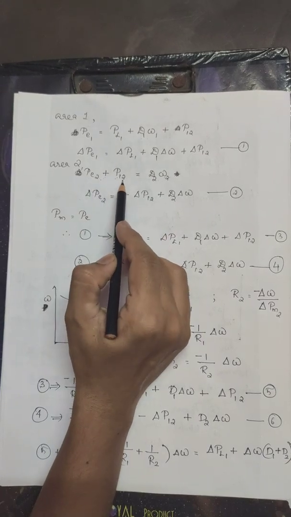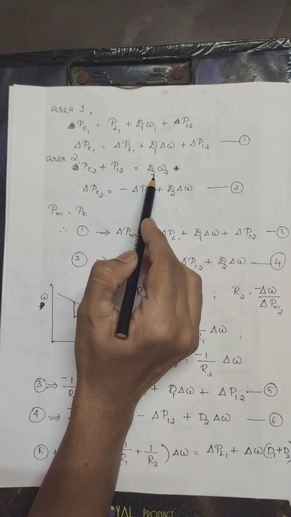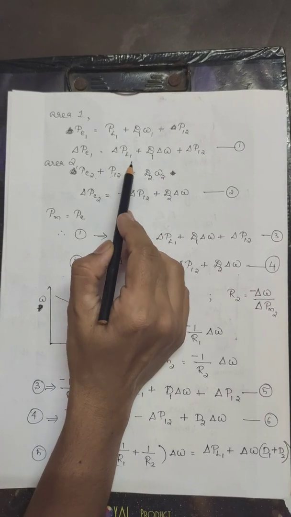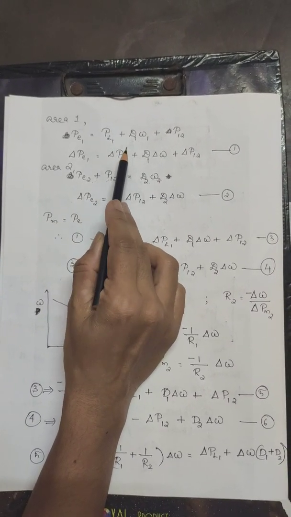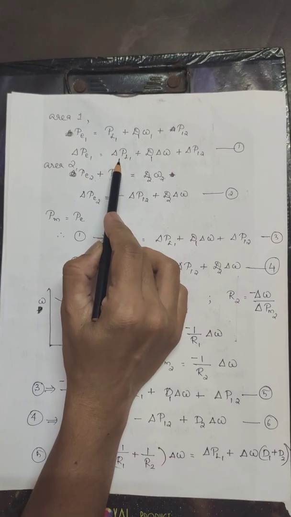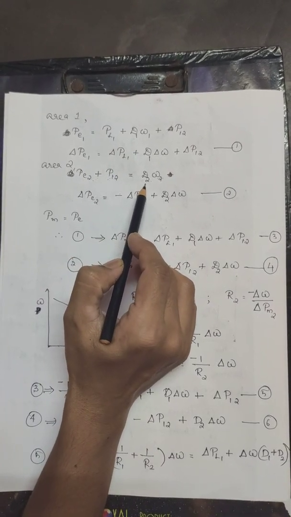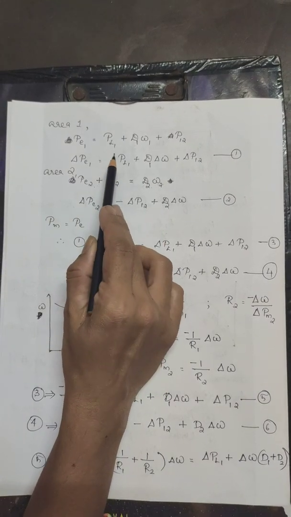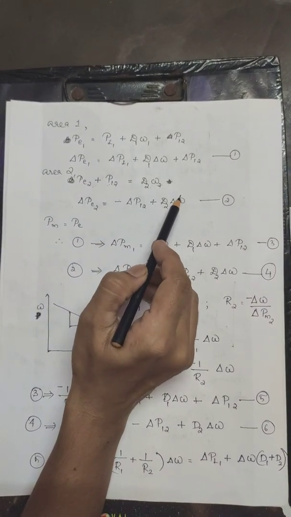So the total power of area 2 is used for supplying the frequency dependent loads. So this is just an assumption that there is a load change in area 1 only. So in area 2 there will not be any load change delta PL2.